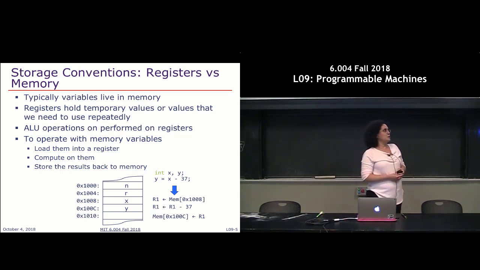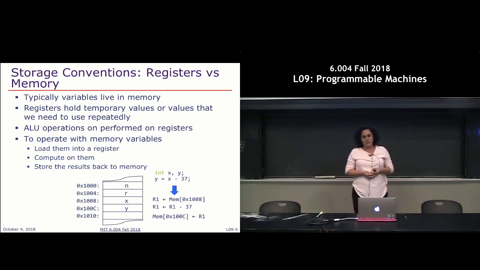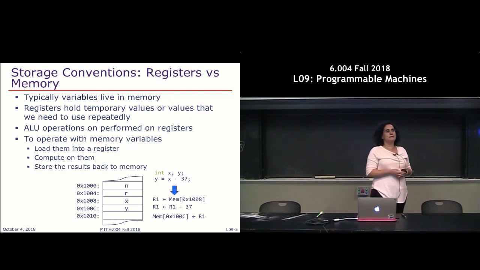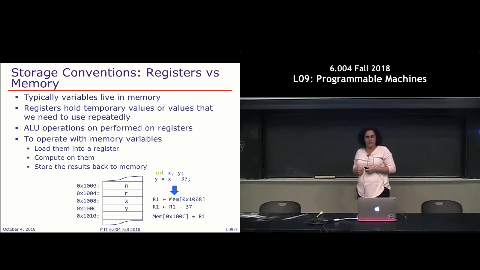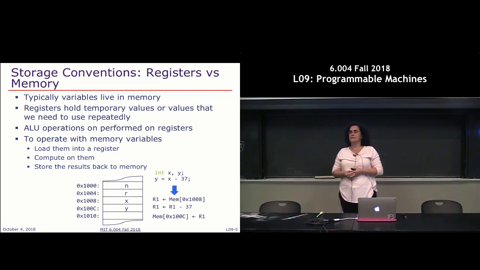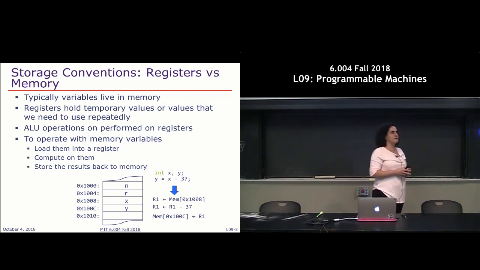In order to perform this operation, I first have to load the contents of memory location 1008 into some register, let's say register 1. I then subtract 37 from register 1, and I can store the result back into register 1 or another register if I wanted to.